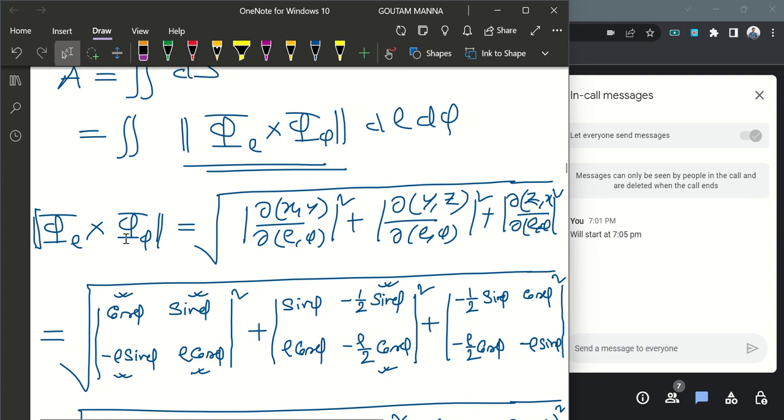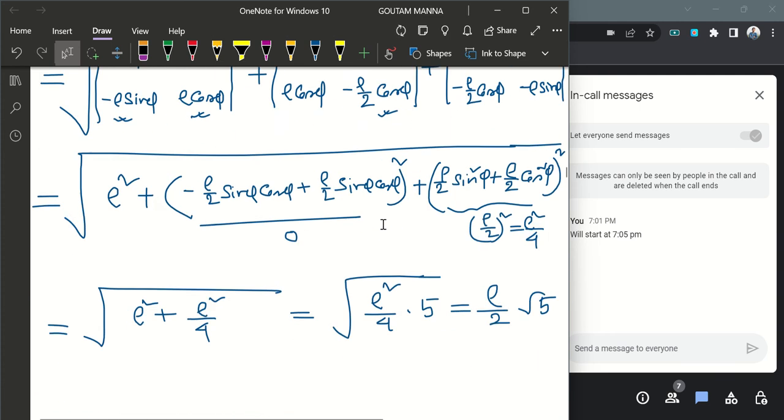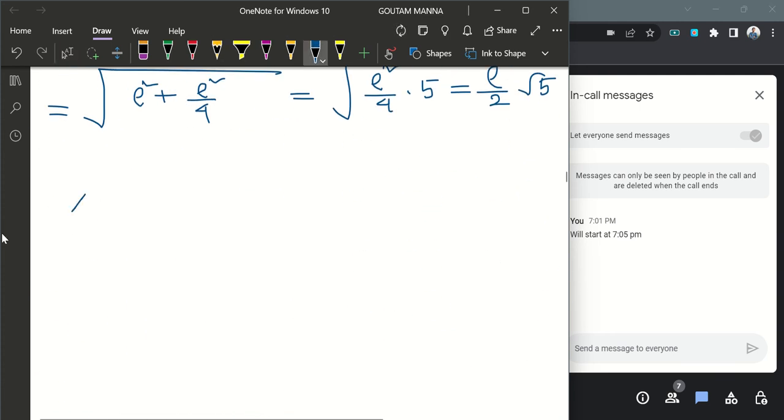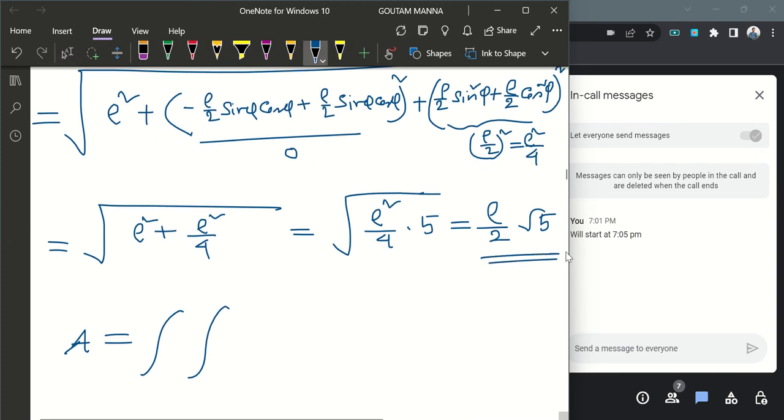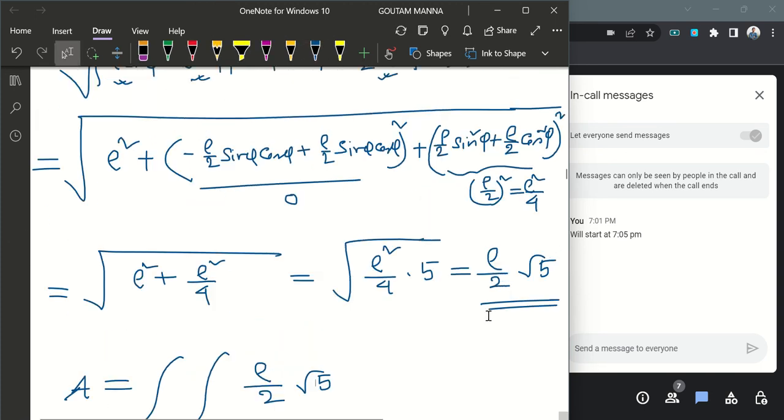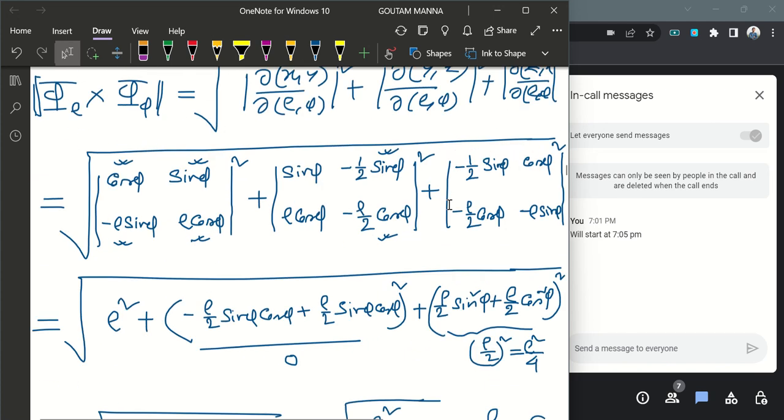So we have calculated this quantity, so then the area will be the double integration of this term, that is rho by 2 times root 5 d rho d phi.